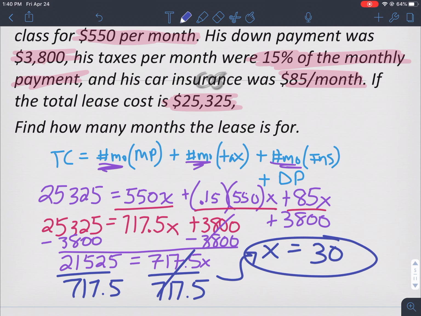Very nice problem because it involves algebra. We got to introduce our own variable x, and then also a little bit of percentage in there.